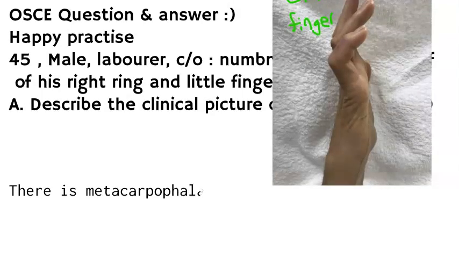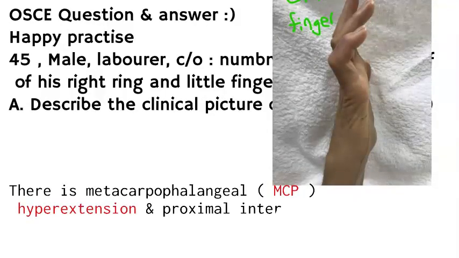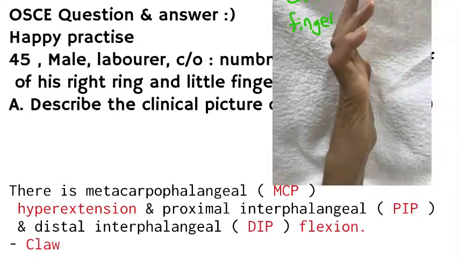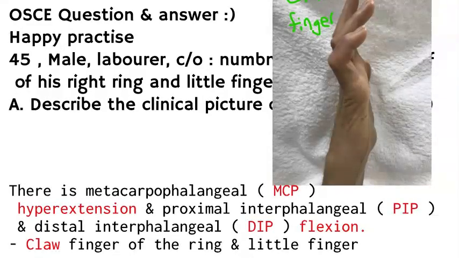And the answer is, there is a metacarpophalangeal (MCP) hyperextension and proximal interphalangeal (PIP) and distal interphalangeal (DIP) flexion. It is a claw fingers of the ring and little finger.